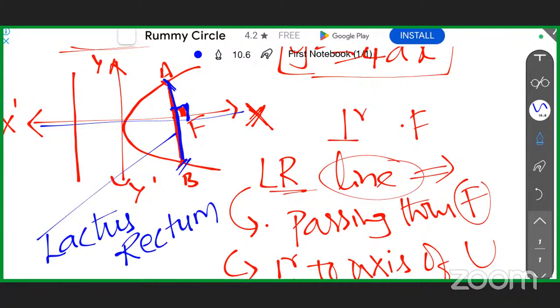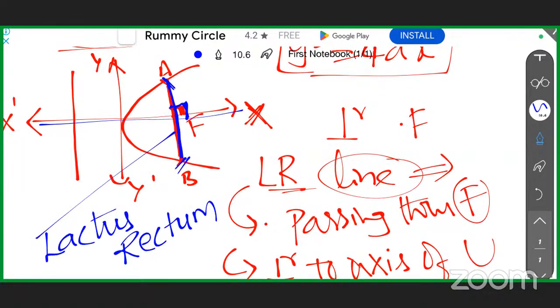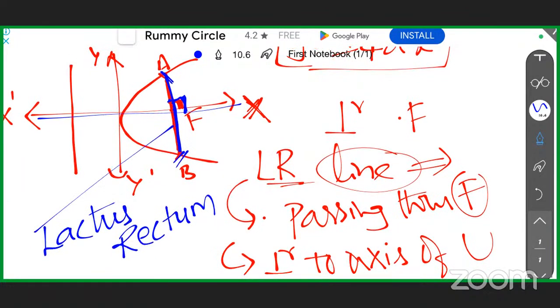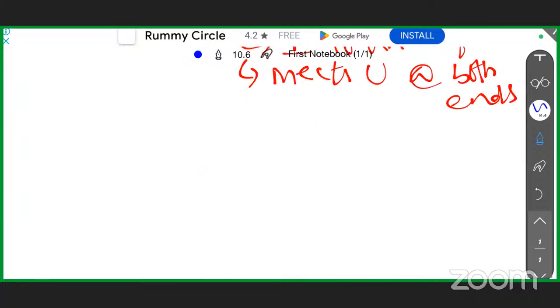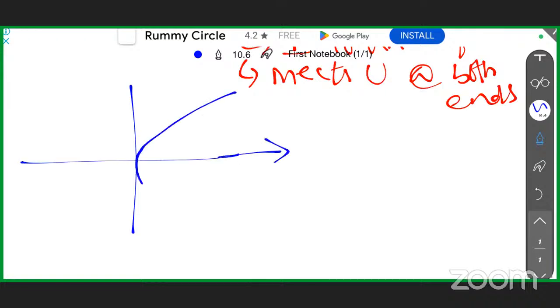So now our work is not over here. Our work is coming now only. First let me draw the diagram of the parabola. This is my parabola. This is my focus. Let me take a little bigger focus, somewhere here.